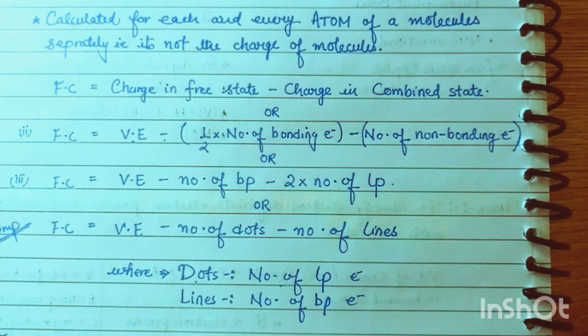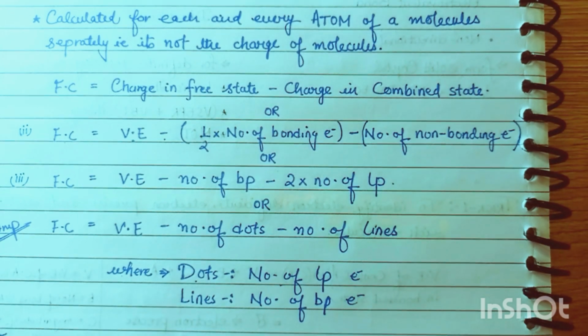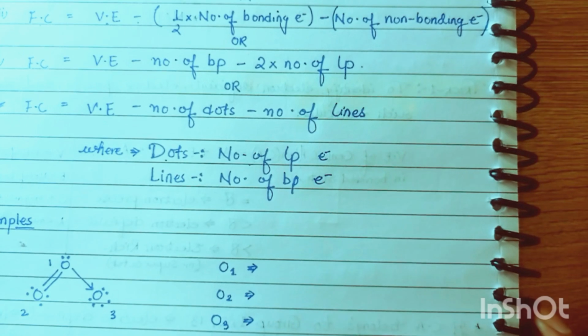Dot is the number of lone pairs, because a lone pair appears like a dot on the molecule. Lines are the number of bond pairs, because a bond appears like a line. Clear to you? Now moving on to some examples.